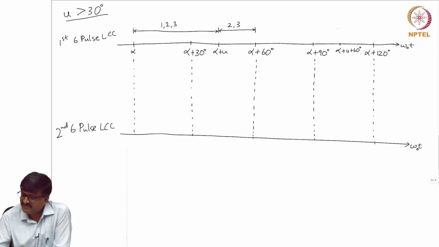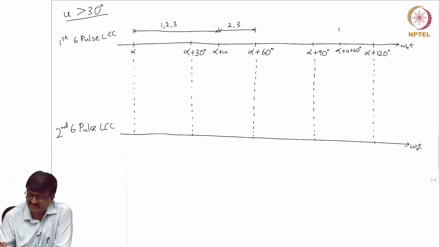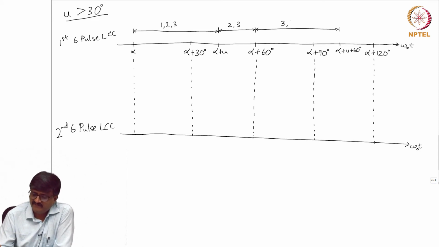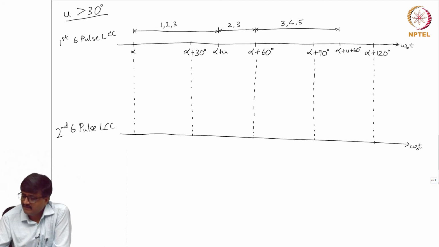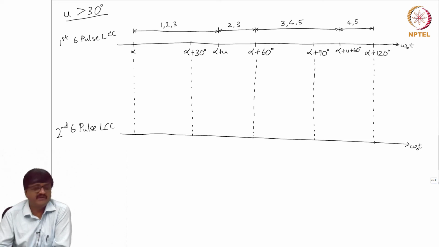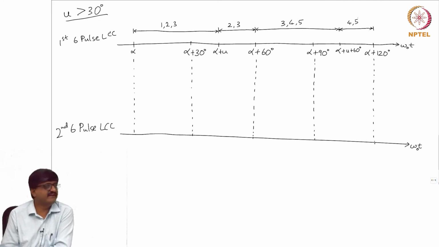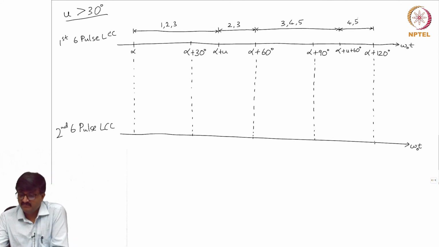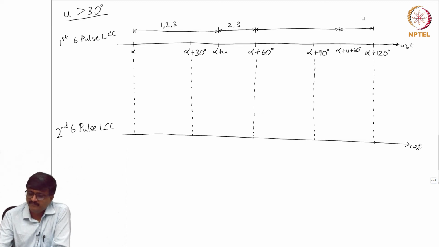So, from alpha plus 60 to alpha plus u plus 60 is the first subinterval of the second interval. Here valves 3, 4 and 5 conduct. Then alpha plus u plus 60 to alpha plus 120 is the second subinterval of the second interval, valves 4 and 5 conduct. Sorry, I made a mistake. Please correct this: 2, 3, 4 and 3, 4.